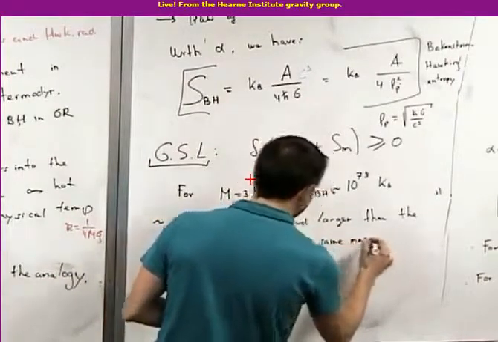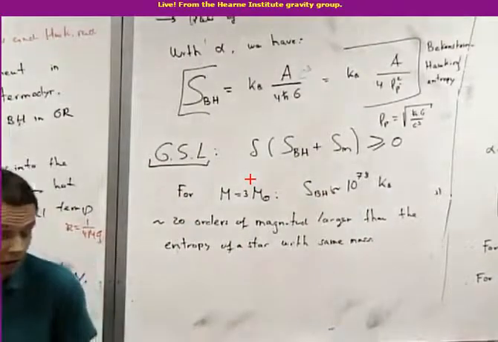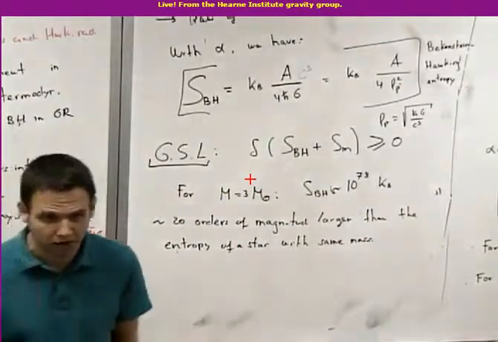So the entropy of a black hole is ridiculously large, extremely large compared to any other system, like a star.